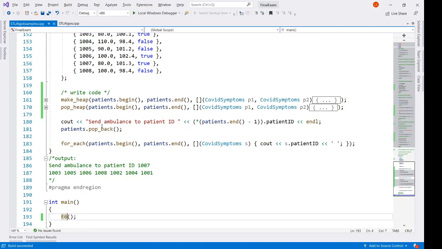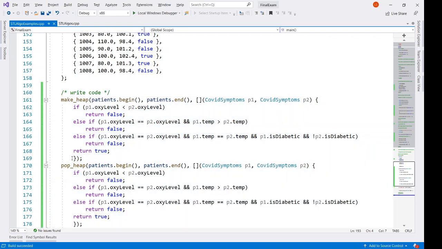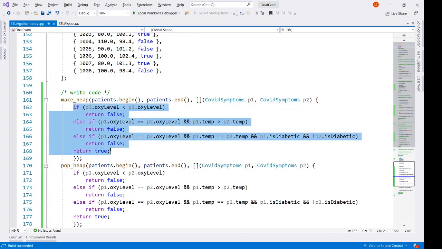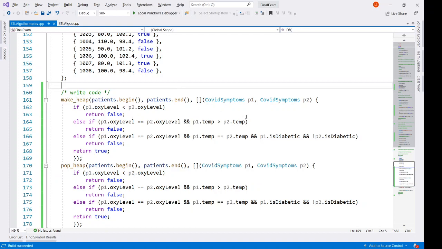Now we solved this problem, but there is one thing: we have got a lot of repeated code, right? One of the principles of good programming is the DRY principle, do not repeat yourself. So we have this repeated code, and we don't want that. So we need to move this code to a common function.